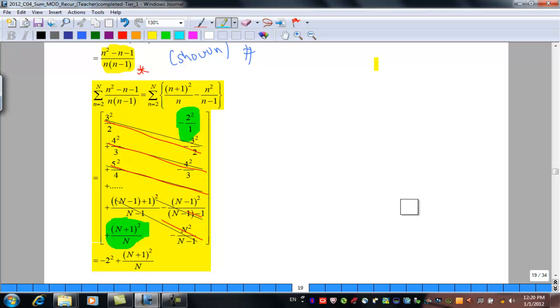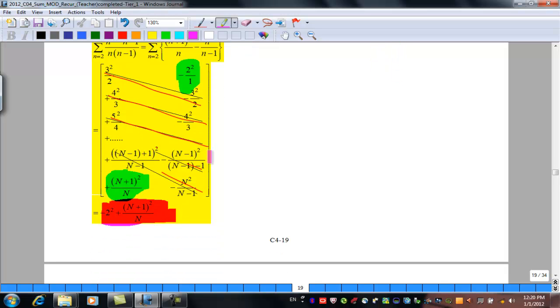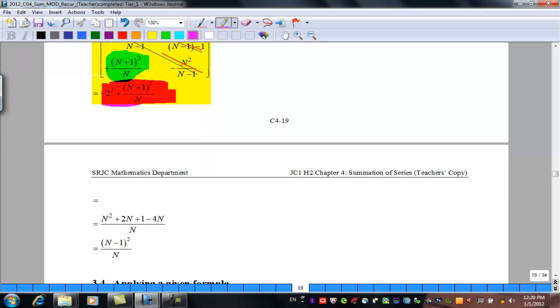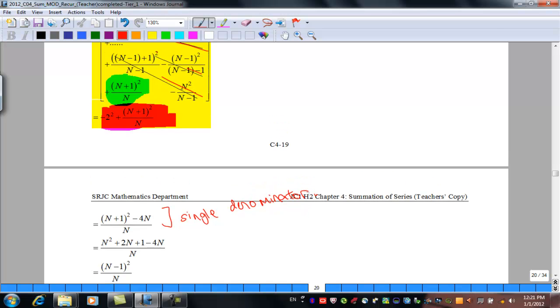Which upon simplification will give me this over here. And on further simplification, I find that I am able to show just what I want. Over here all I've done is put it to a single denominator, and after that it's just a matter of expansion and simplification.